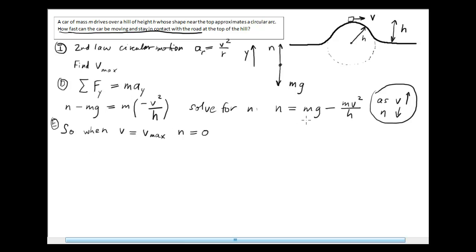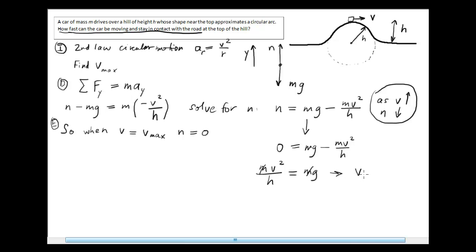Take this equation right here, and we write it as 0 equals mg minus mv squared over h, or mv squared over h equals mg. I can divide both sides by m. The masses cancel out. So that means this problem is going to give the same answer no matter what the mass of the vehicle is.